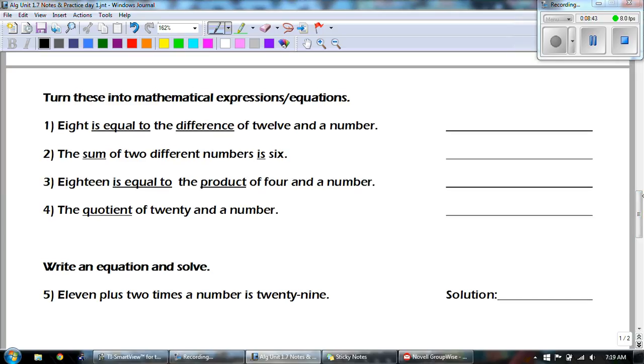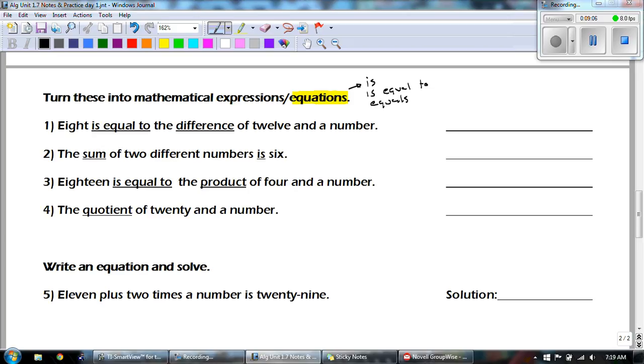So turn these into mathematical expressions or equations. Remember, an equation, okay, that's when it has the word is, equal to, or equals, okay?